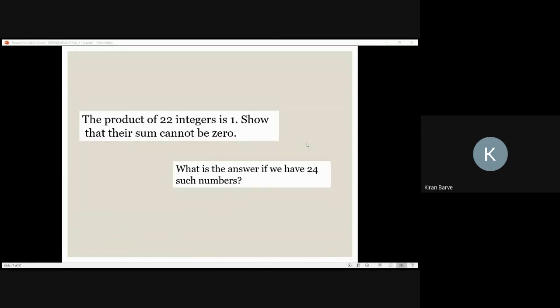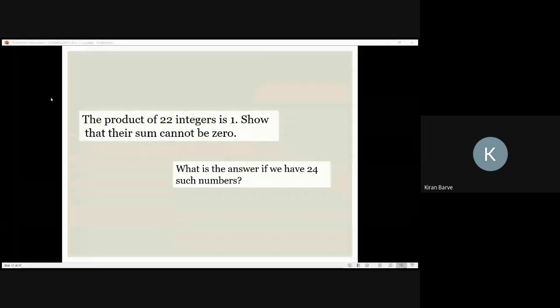No. My question is simple. How will be the number of ones and the number of minus ones? Don't they have to be equal to get the sum 0? Yes, sir. Gaurav says yes, they should be equal.